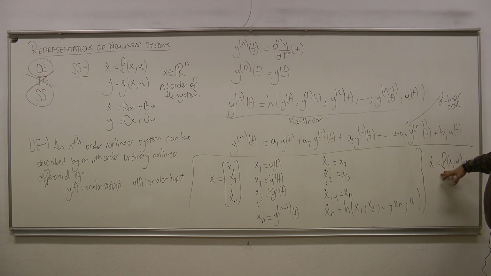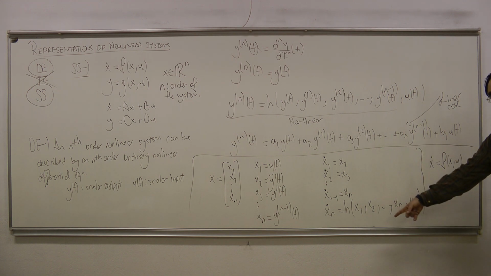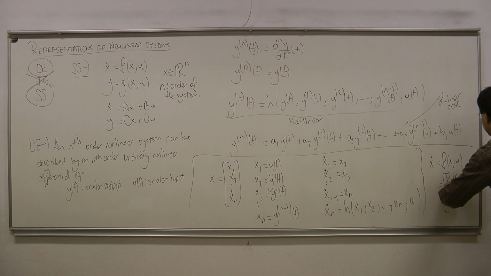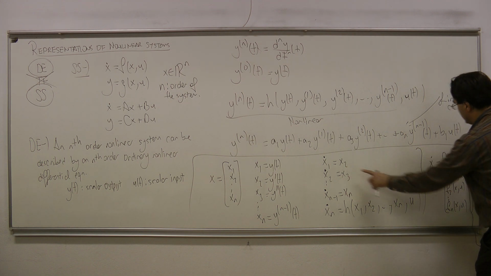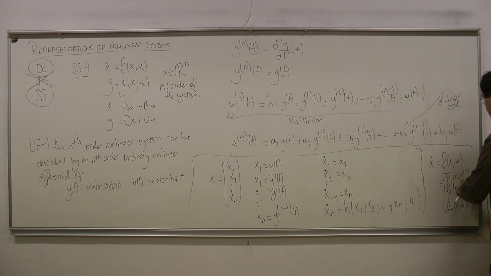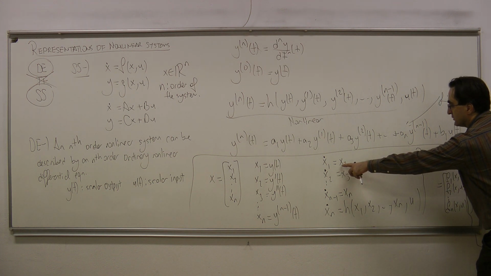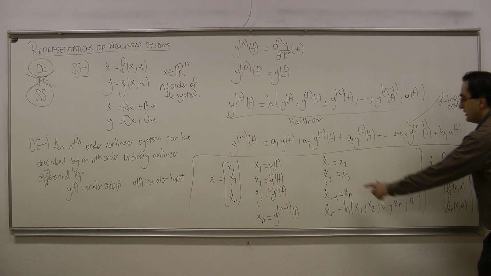Remember, f is a vector valued function, and it has as many functions as the number of state variables. So f is actually f1 of x and u, f2 of x and u, going until fn of x and u. We are seeing here that f1 of x and u is x2. It is not dependent on u or on state variables other than x2.